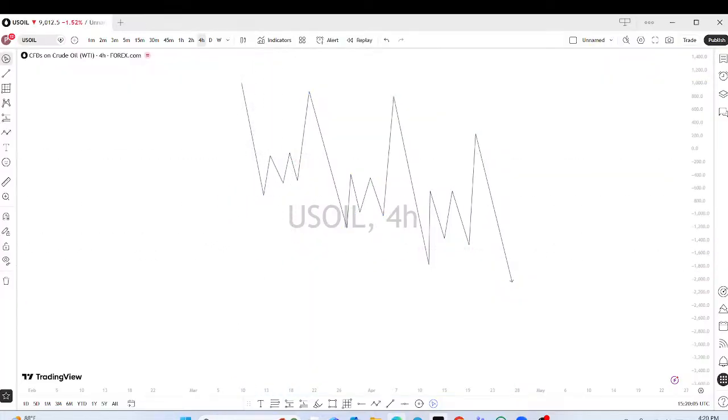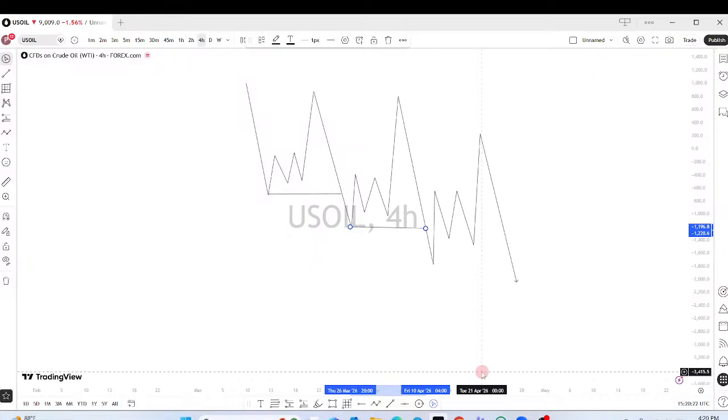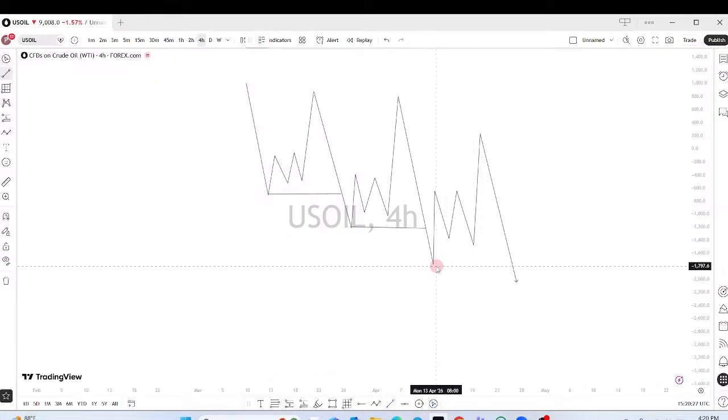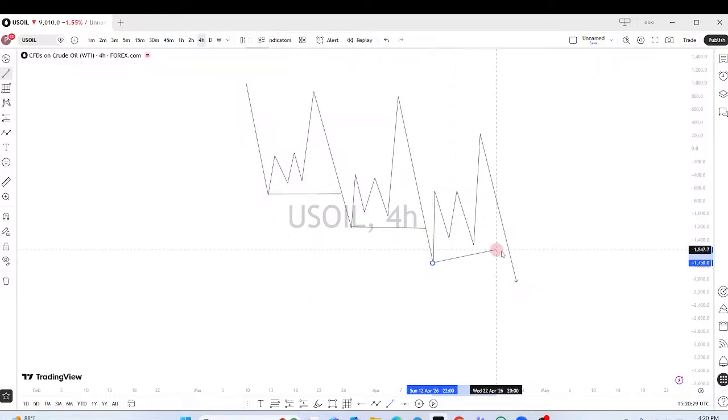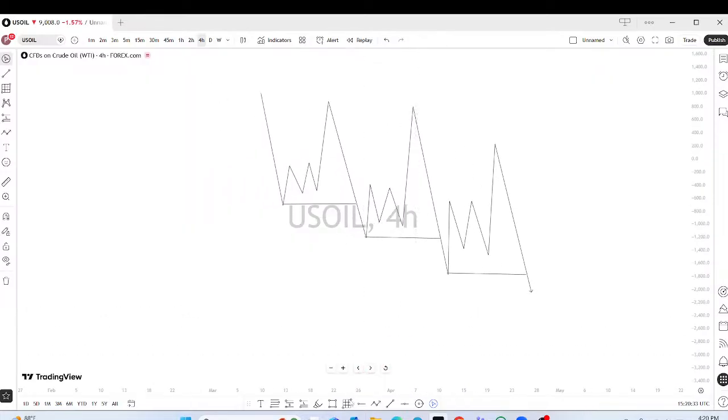So you're having a breakout structure to the downside. This is a breakout structure. Another breakout structure. Which means whenever you are having a breakout structure, you are having another block, right? So here now, this is our other block here.